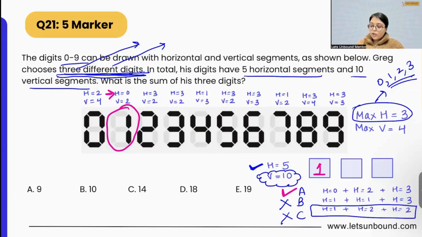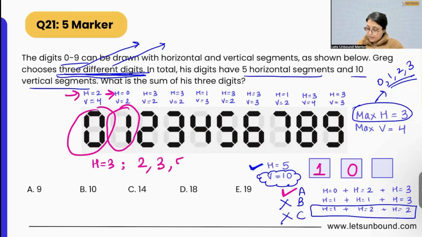Then with H2, how many options do I have? There is only one, that is digit 0. And with H3, I have many options again: digit 2, 3, 5, 6, 8, and 9. I need to choose which will fit best in my last space for the third digit.